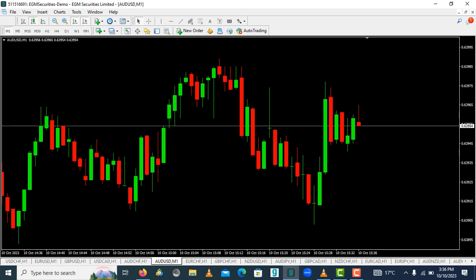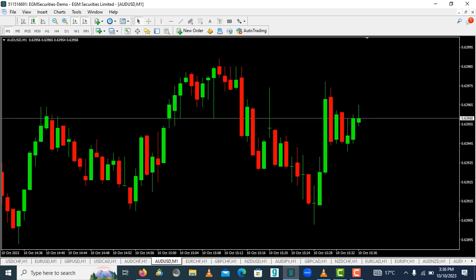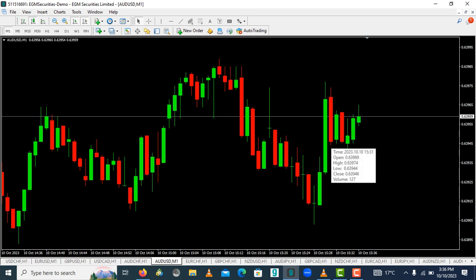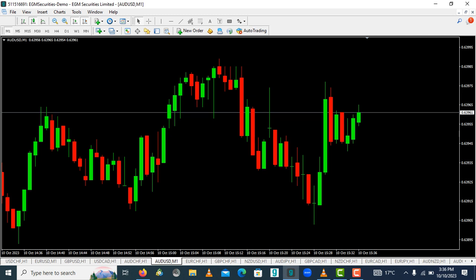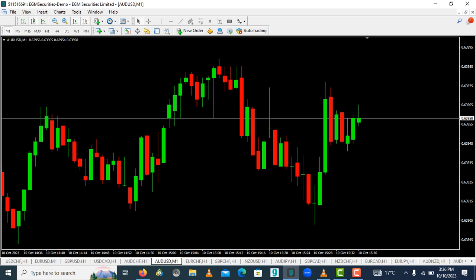As you can see, for the next candle, this one candle is green, the other one is red. One is a bullish candle, the other one is a bearish candle. When you look at this second candle, the price opened at the top, moved down, and closed at this point.